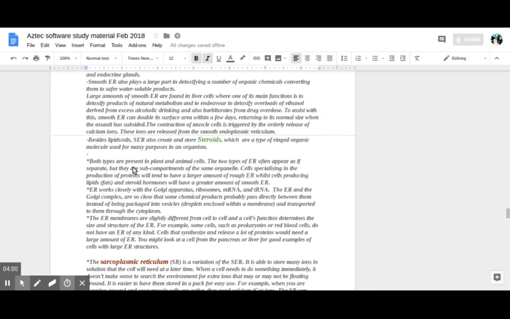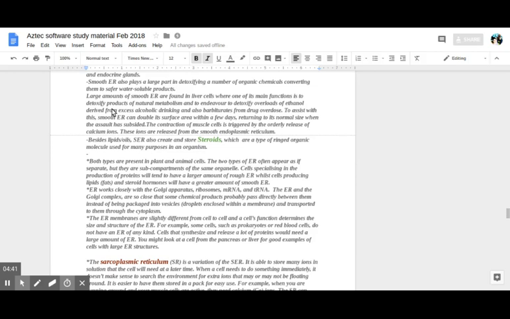Large amounts of smooth ER are found in liver cells, where one of its main functions is derived from excess alcoholic drinking, and also for detoxifying products of natural metabolism and endeavoring to detoxify overloads of ethanol from excessive consumption of alcohol or barbiturates or drug overdose.